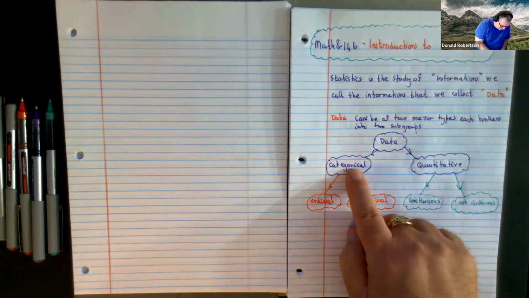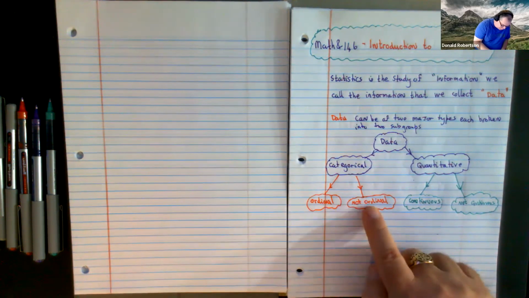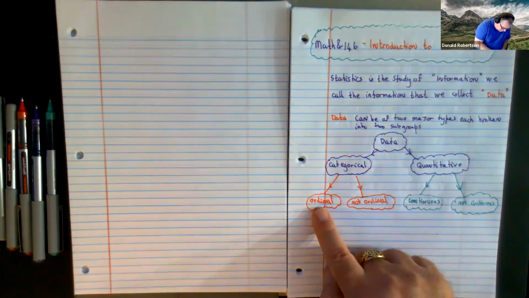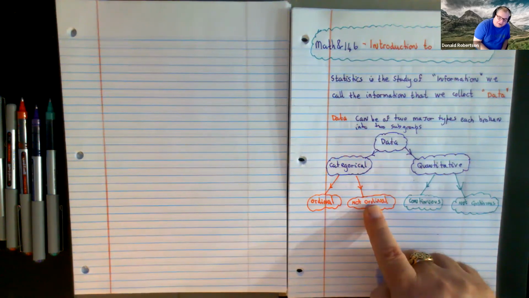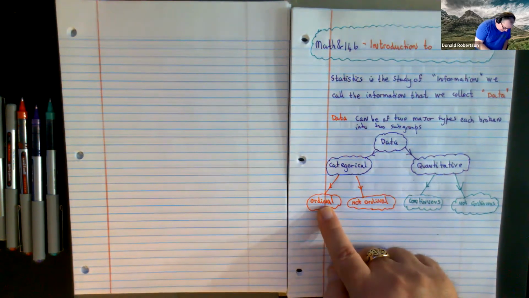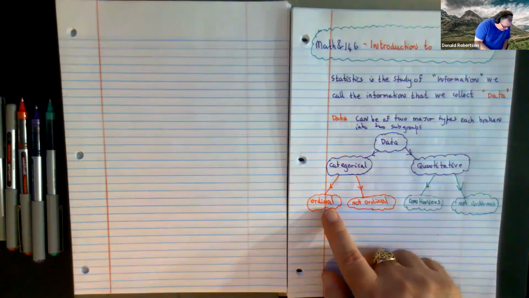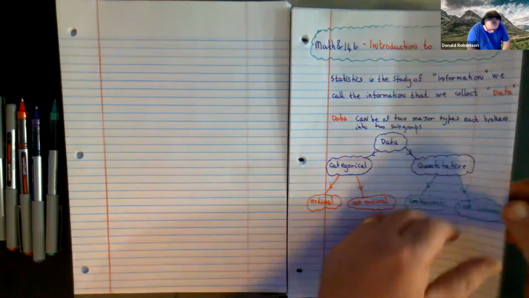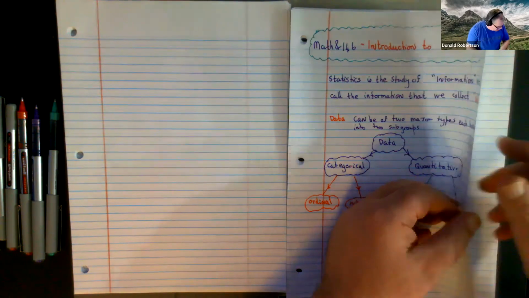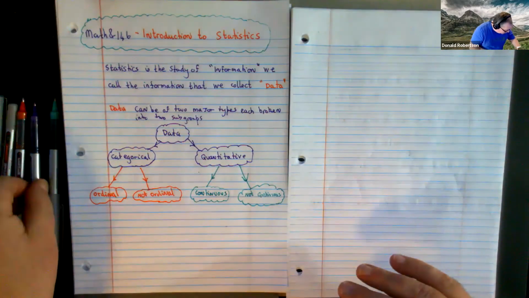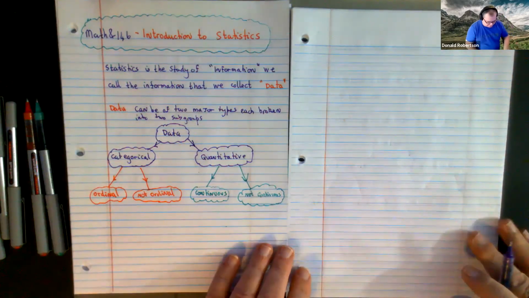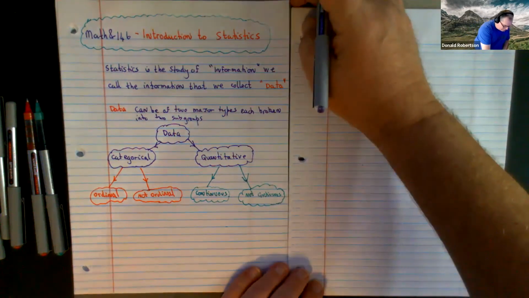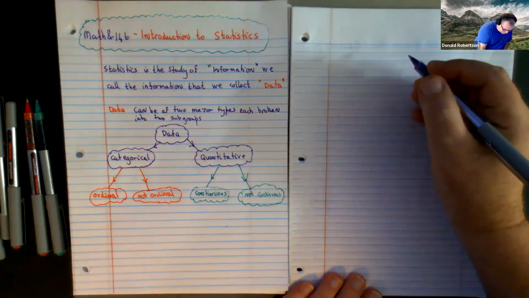Now, categorical data is broken into two subgroups: ordinal and, rather unimaginatively, not ordinal. Ordinal categorical data would be data that you can put in some order. So I'll give you an example of that. Suppose I was collecting information about high school students, and I asked them what they were in.